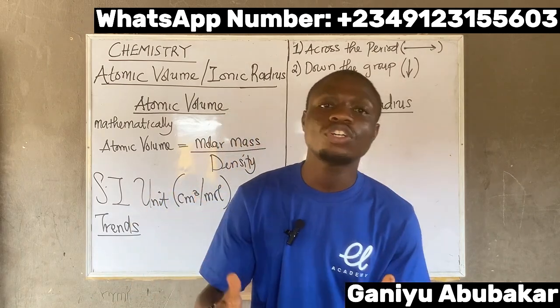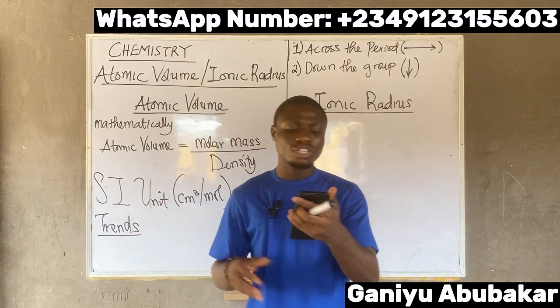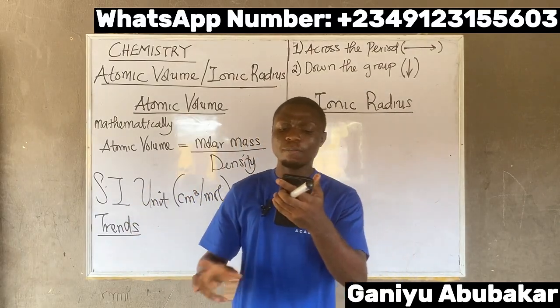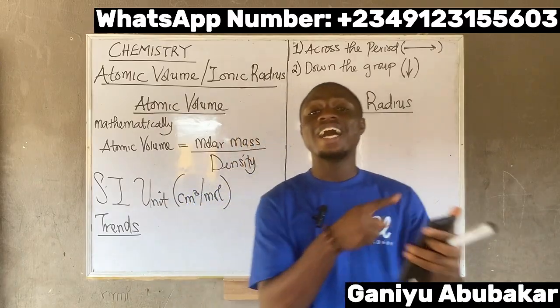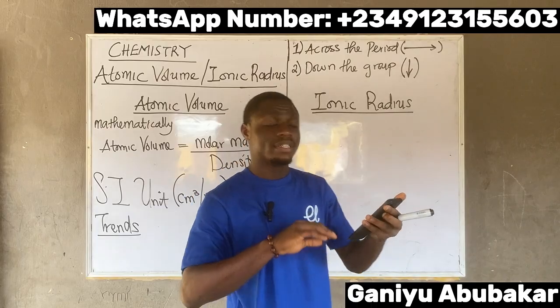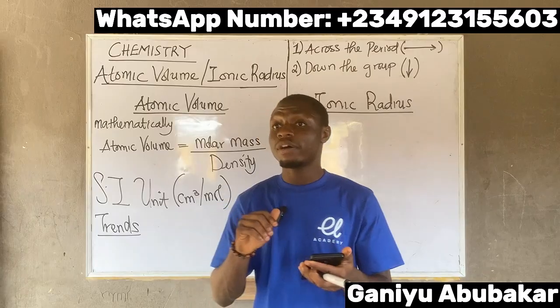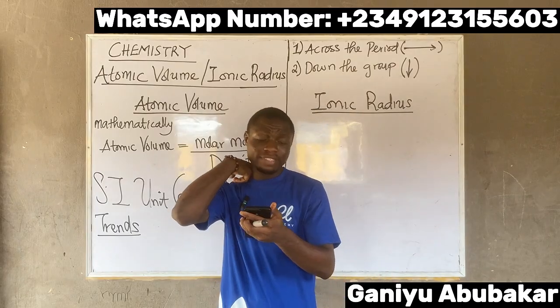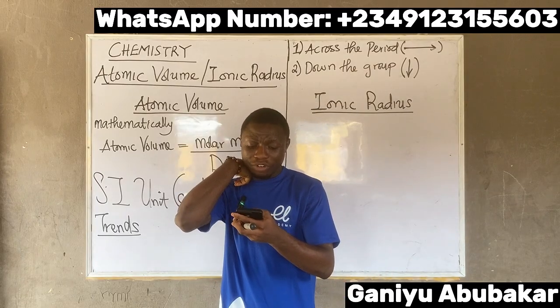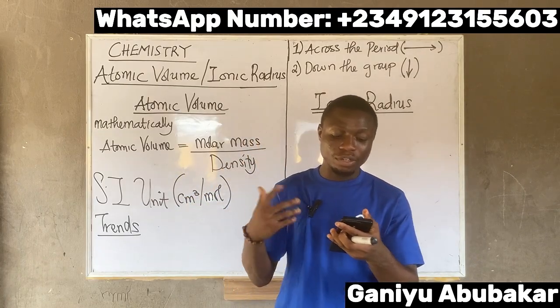So in combination, by chemical approach, ionic radius is the distance from the nucleus to the outermost electron in an ion. Moving on, we look at several types of ion that we have, ranging from the cation and then the anion.